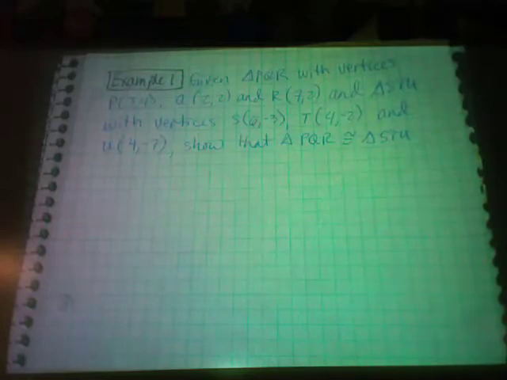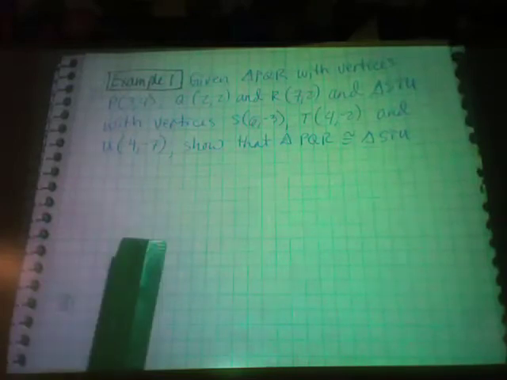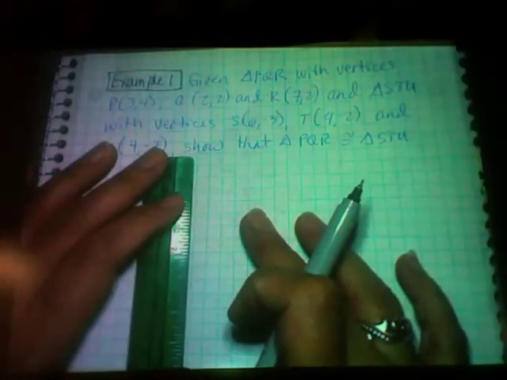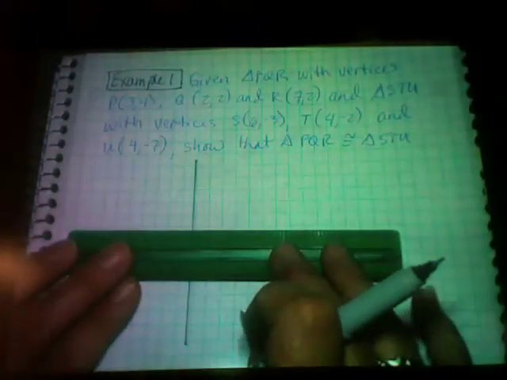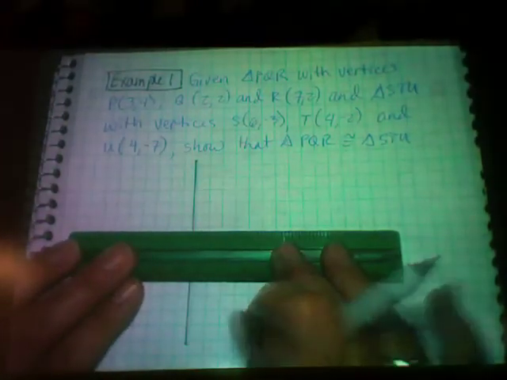You've only been given ordered pairs, so what would be the logical thing to do first? Well, we have to plot it first, and then from a graph, what's the easiest way to find something? You're not going to necessarily find angles off of your graph unless you use a protractor, and you're not allowed to use a protractor for these problems.